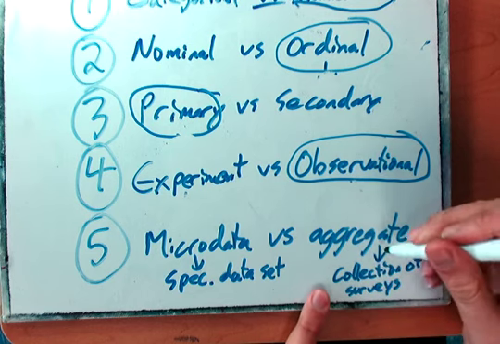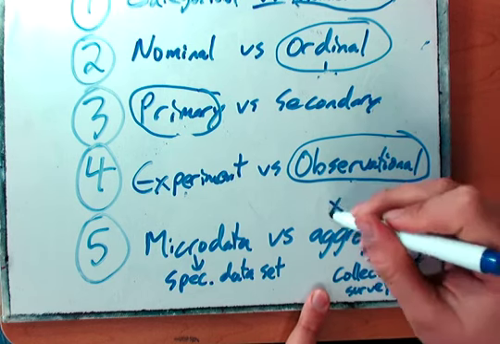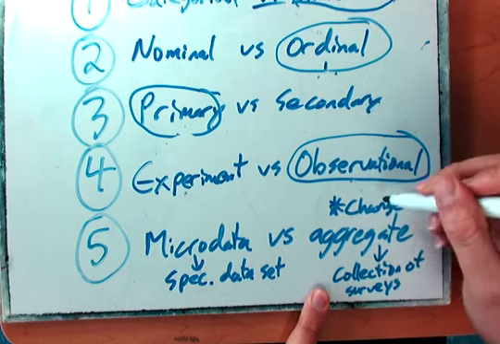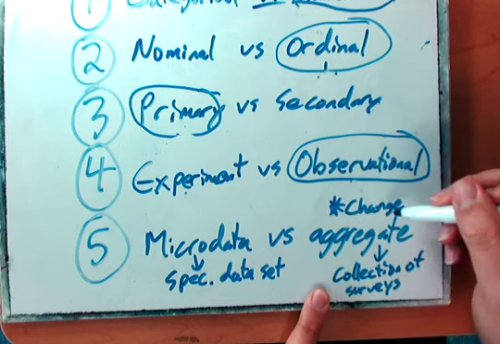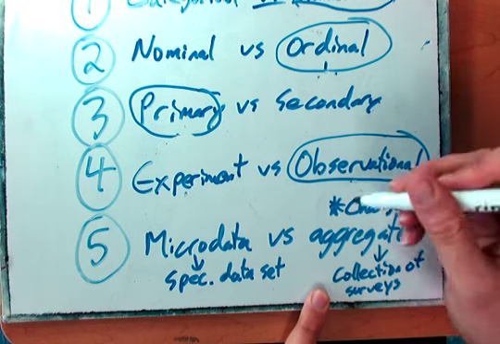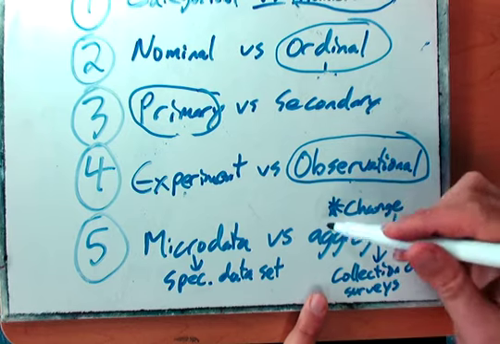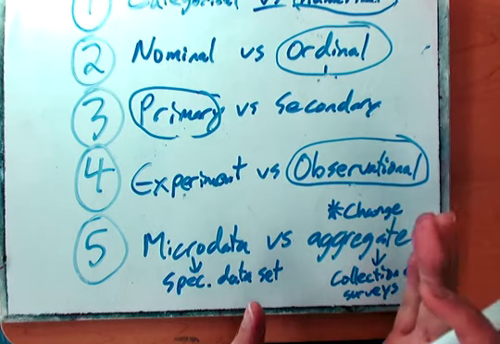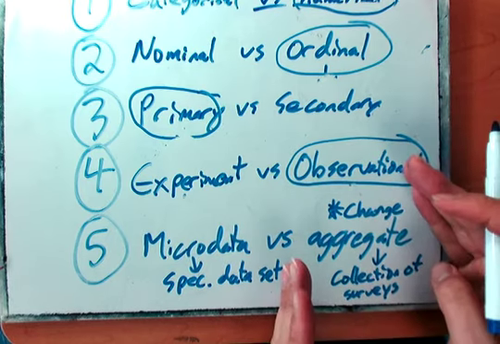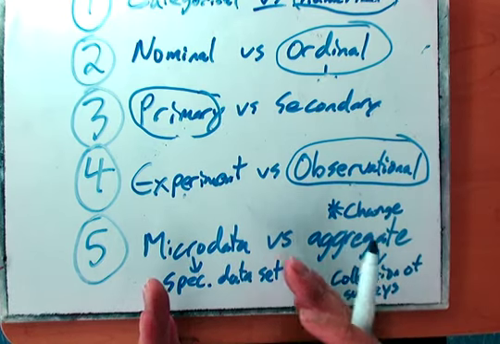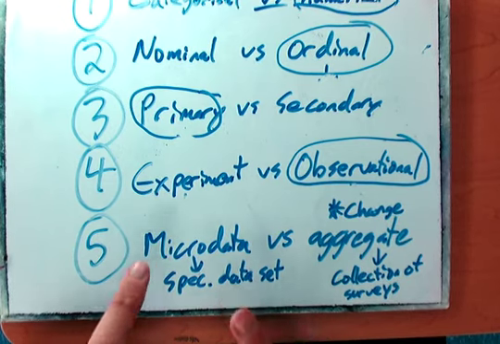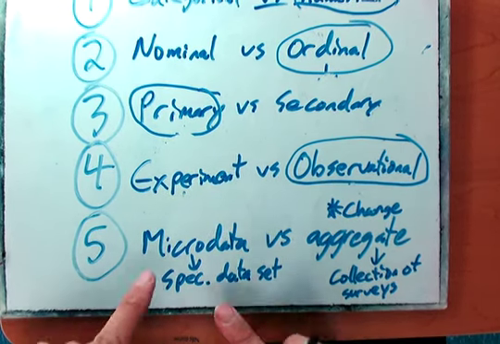And then the big part about aggregate data, I'll put it up here, is that there's a change. We're changing the data based on whatever we're seeing. Maybe there's different categories. Maybe we are lumping different things together. So we're saying the top 25% of people did this, whereas microdata is a specific person doing a specific thing or a set of circumstances.